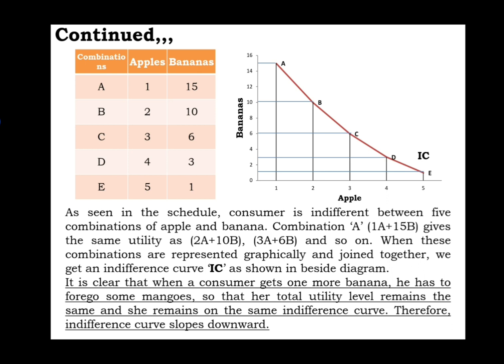If you see the first combination, there the consumer can consume 1 unit of apple and 15 units of banana. Suppose we got 50 units of utility after consuming 1 apple and 15 bananas.